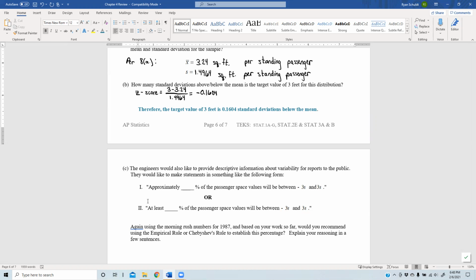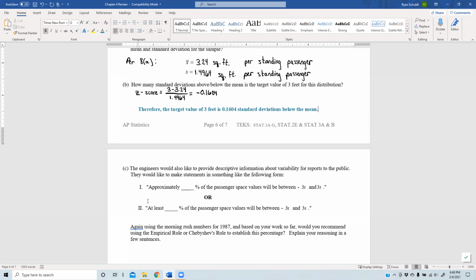Either saying approximately blank percent of the passenger space values will be between negative 3s, where S is the standard deviation, and positive 3s, or at least blank percent of the passenger values will be between negative 3s and positive 3s.